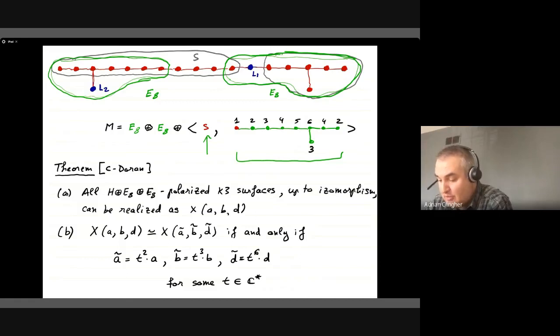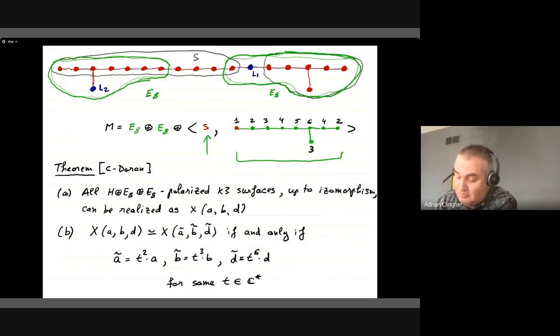So now it turns out that these quartics have some nice, almost modular kind of properties. So first of all, one can prove that up to isomorphism, this three-parameter family covers all situations. All K3 surfaces polarized by H plus E8 plus E8 appear in this way.